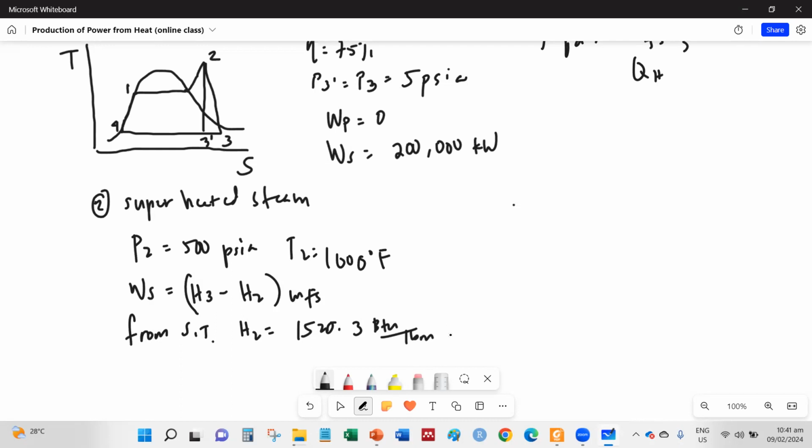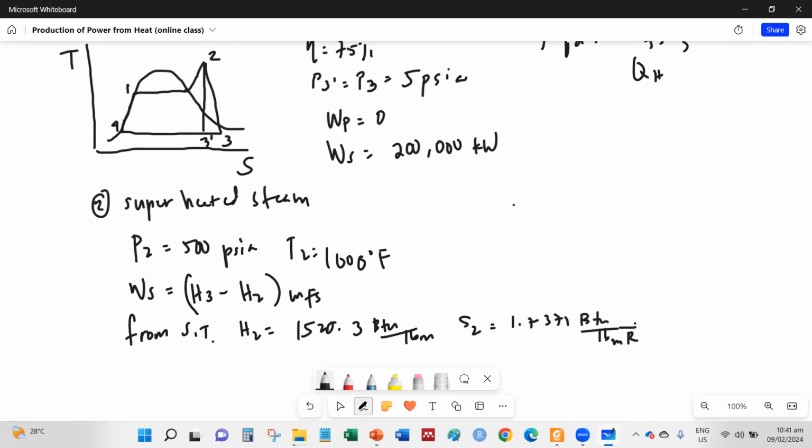And then S2 is 1.7371 BTU per pound mass Rankine. Okay?